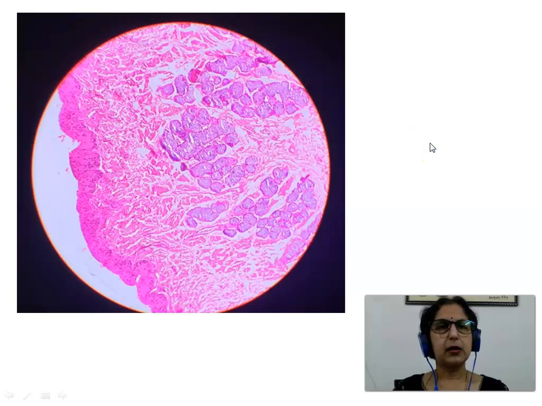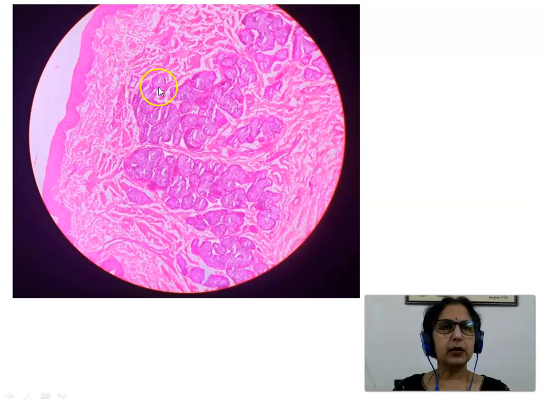A slightly high power view of the same slide shows us a clearer picture of the lining epithelium, stratified squamous non-keratinized epithelium, then the lamina propria, then the smooth muscle fibers of the muscularis mucosae. Then we also see the submucosa here, showing us the mucus acini, parts of the tubuloalveolar mucus secreting glands.